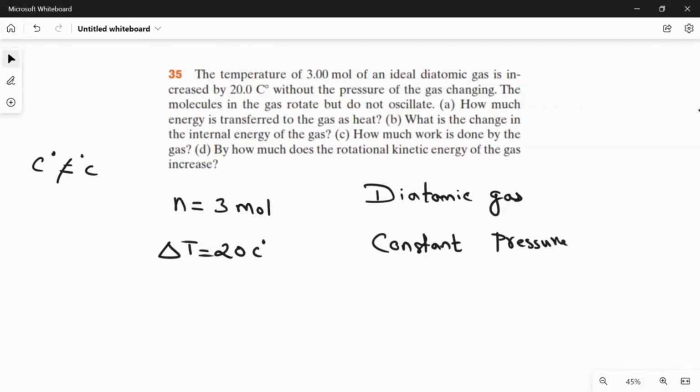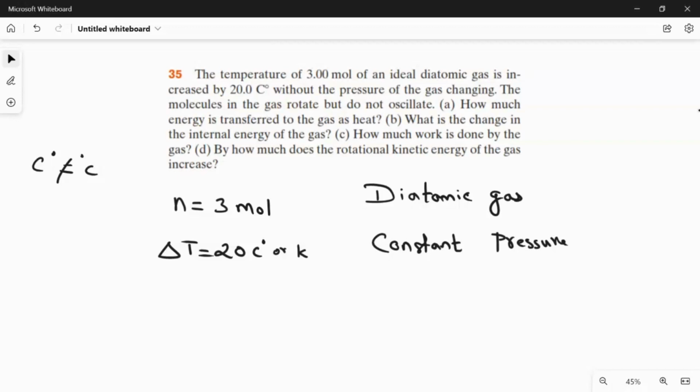The change in temperature in terms of Celsius and the change in temperature in terms of Kelvin will give the same answer. So please don't add 273 here, because the unit is not degree Celsius. Here the unit is Celsius degree. Clear? Okay. So now we have to answer one by one.